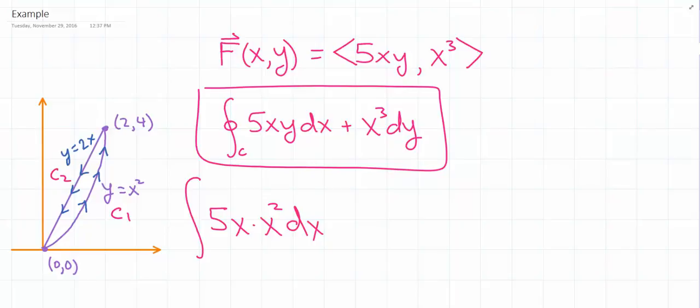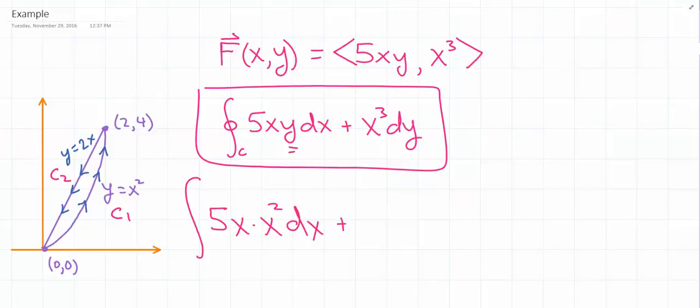Because y equals x squared on C1, in place of y, I just put x squared. Now, you could parametrize this whole thing, you don't have to do it this way, but I think this is a little bit simpler.